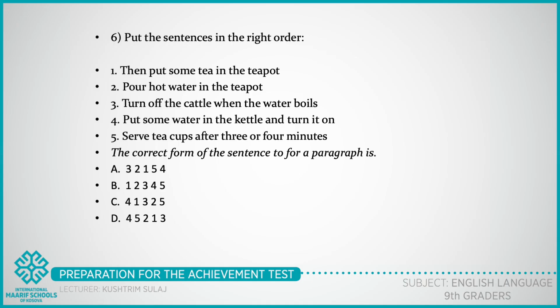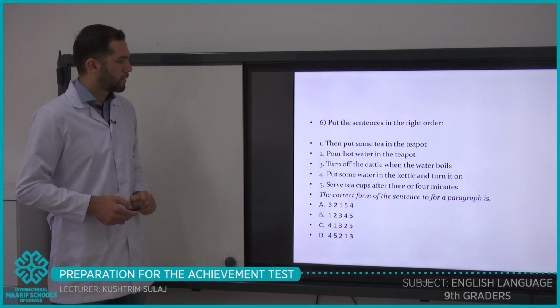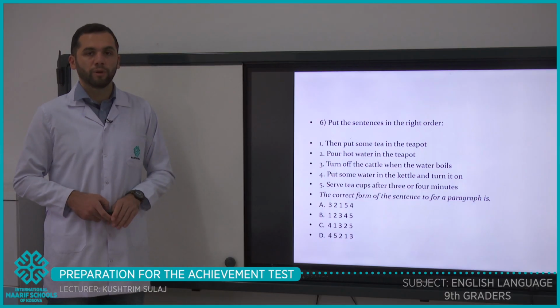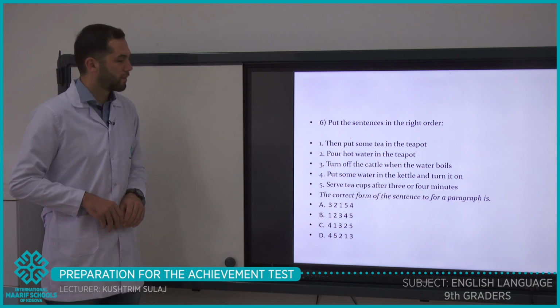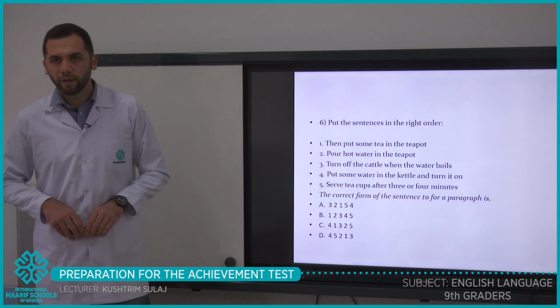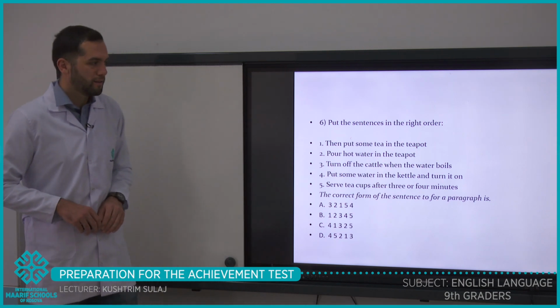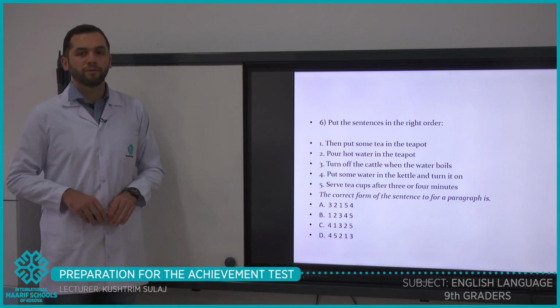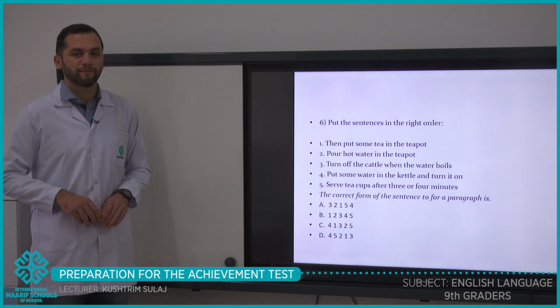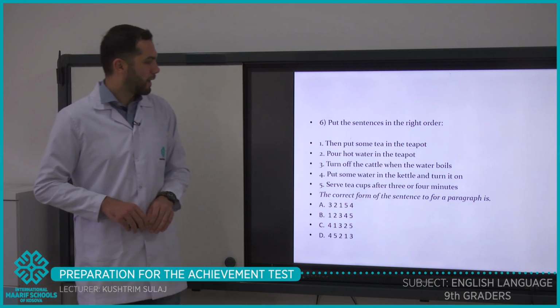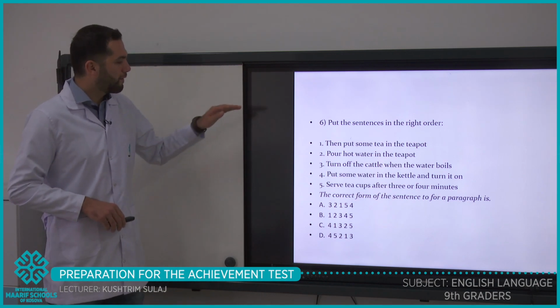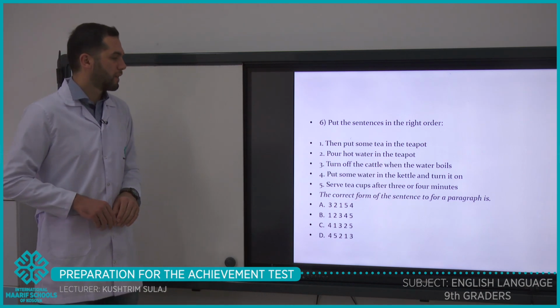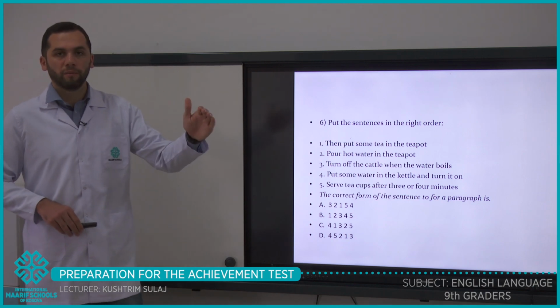Number 6, this is, as I call, a question about using your imagination. So, this is a situation when you are stuck in the kitchen. Your living room is full of guests or friends, and you're about to make some tea. Now, we have 5 sentences, and our job is to put them in the right order.